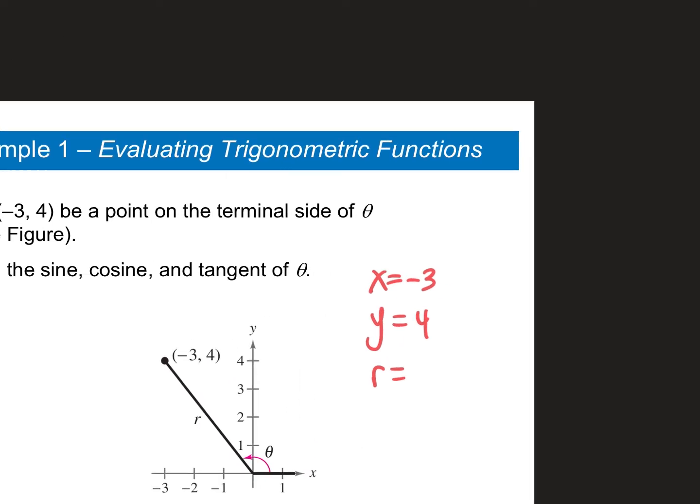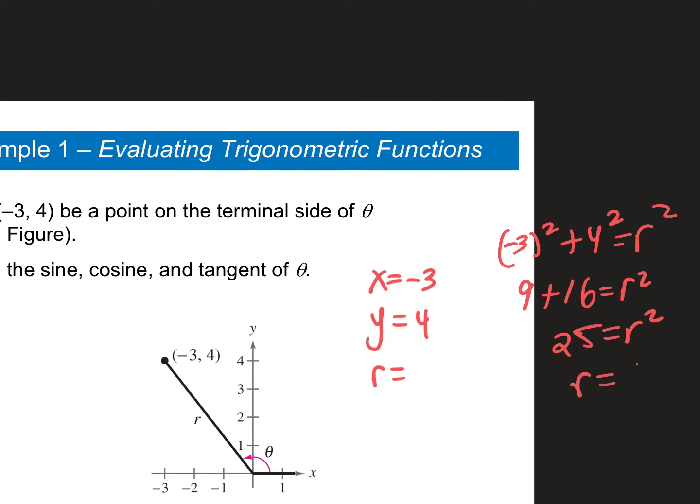Okay, x squared, so -3 squared plus 4 squared equals r squared, right? What's -3 squared? 9 plus 16 equals r squared. What's 9 plus 16? 25 equals r squared. So what's my r value? 5.